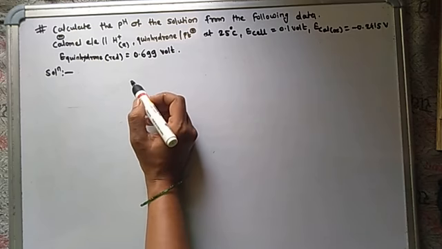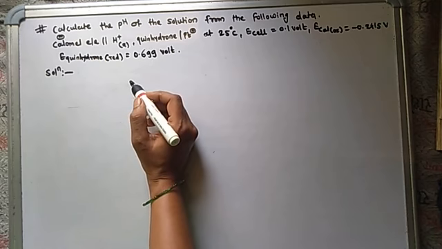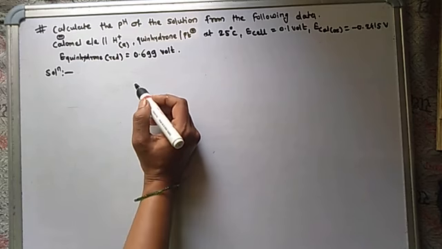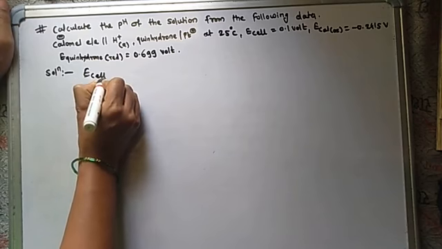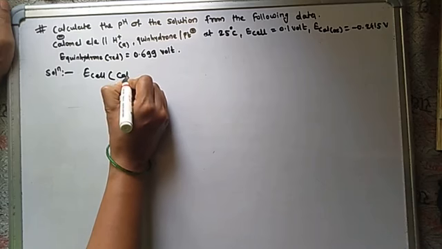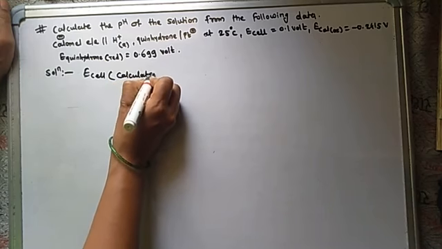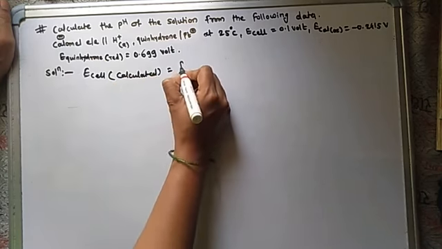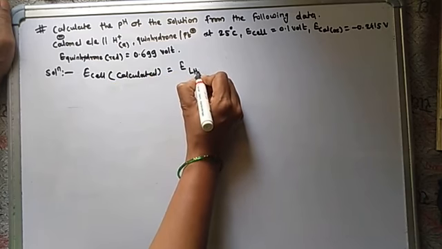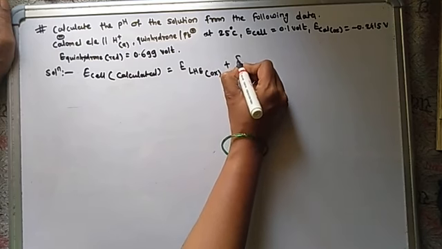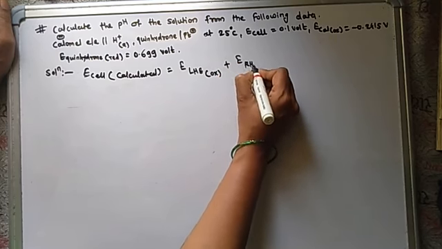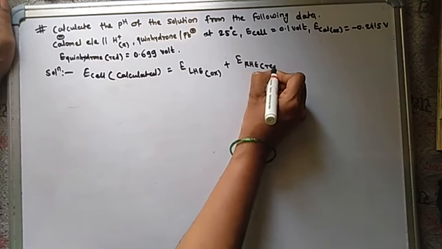To find the pH of this solution, first we find the EMF of this cell, represented as the calculated E cell, which equals the EMF of the left-hand electrode at oxidation potential plus the EMF of the right-hand electrode at reduction potential.